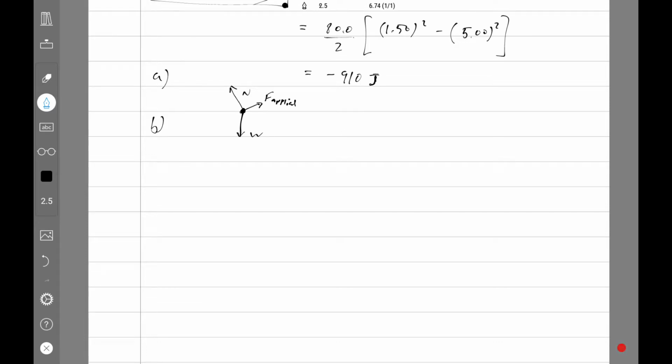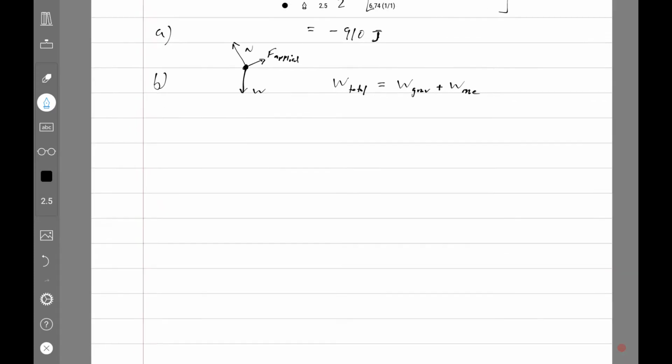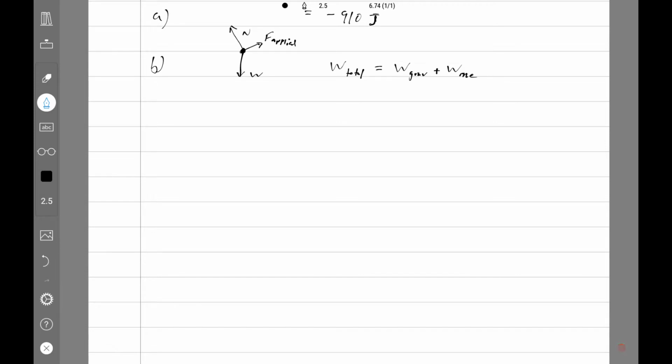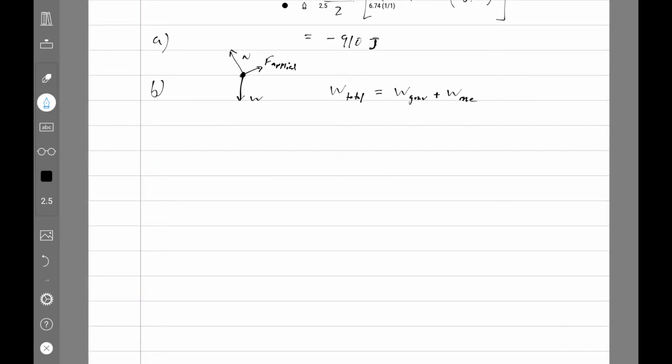So how much work, well, put it this way, the total work is going to be equal to the work done by gravity plus the work done by me, my applied work from my legs. So what I'm looking for is W me. That's equal to the work total minus the work that gravity does.